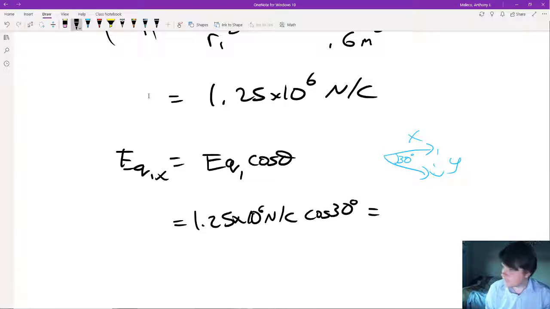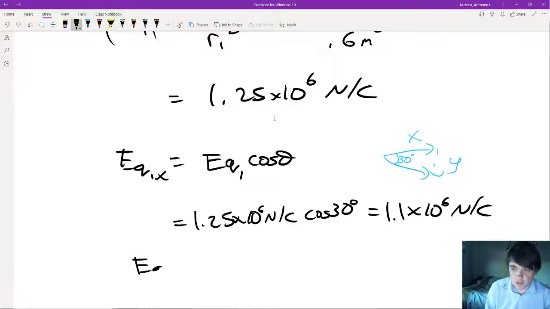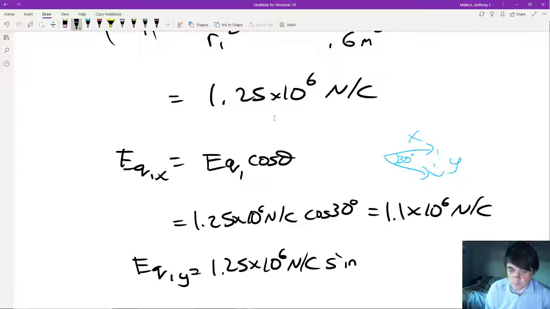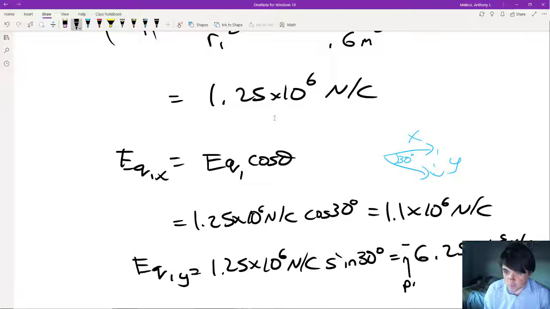This guy equals 1.1 times 10 to the 6 Newton per coulomb, and then EQ1y equals 1.25 times 10 to the 6 Newton per coulomb, sine 30 degrees equals 6.25 times 10 to the 5th Newton per coulomb, and it's negative, it points down.